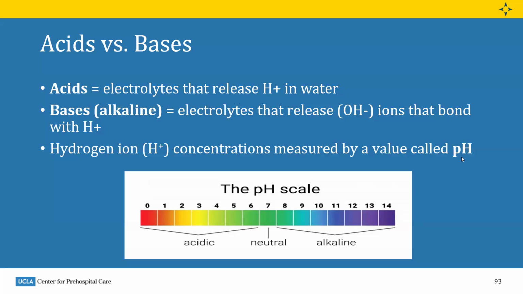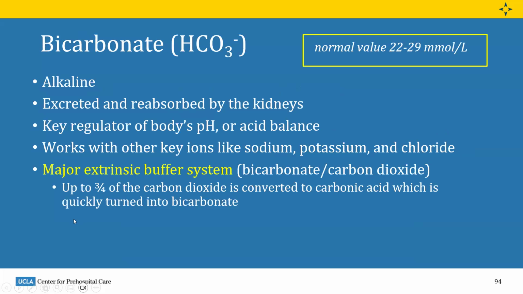So pH is just a scale. 7 is neutral, and then as we go smaller, it becomes more acidic. As we increase the number, it becomes more alkaline or basic. So bicarbonate is essentially a really important buffer that we produce, and it's considered alkaline, so it can bind with those hydrogen ions and pull those out of our blood system.